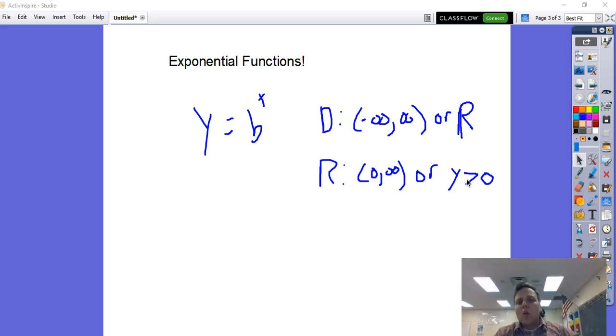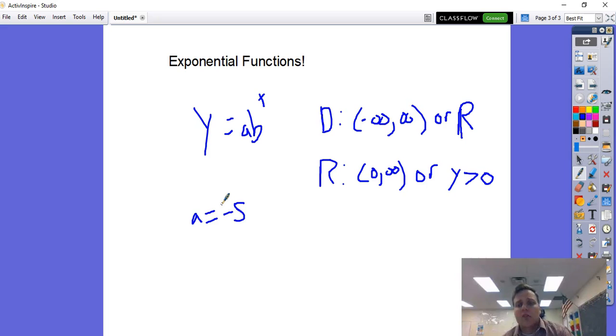The only time that anything would change your domain and range was if you included an a value here that was somehow negative. If a equaled like -5, then a flipped the graph over, right? Because what does that negative do? It reflects, because that's what the a gives us a chance to do.